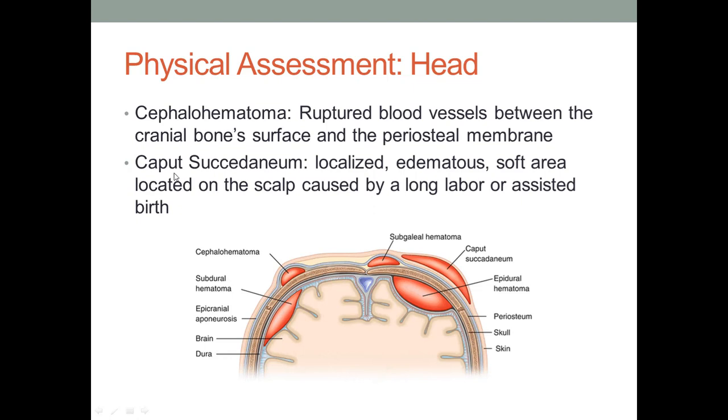Whereas a caput succedaneum is more like an edematous, localized, soft area. These occur when they need to use either forceps or especially a vacuum-assisted birth. These are the type of things that, when I was talking about jaundice, actually put that baby at a higher risk for jaundice.